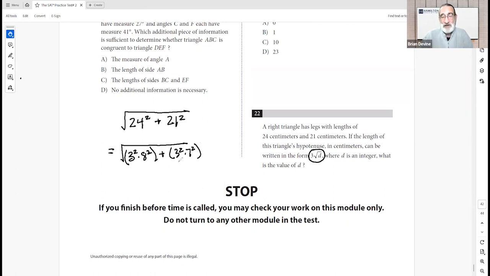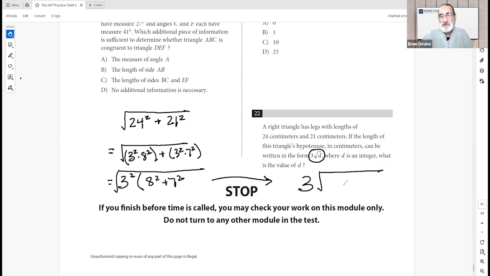I can apply the square to both factors, and I can rewrite that as 3 squared times 8 squared plus 7 squared. Well, I can bring that 3 outside because it's a square. So this would be 3 times the square root of 64 plus 49, or better yet, 3 times the square root of 113. Oh, there's d. So d is 113.